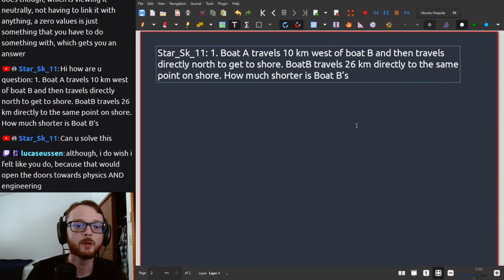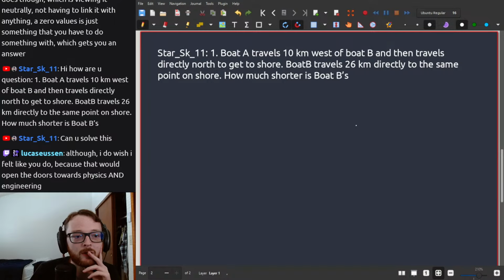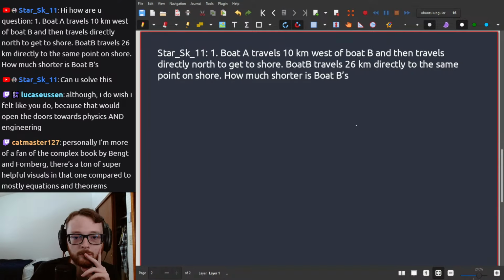Oops. Boat A travels 10 kilometers west of boat B, then travels north to get to shore. Okay, so west of boat B. How is this coast?